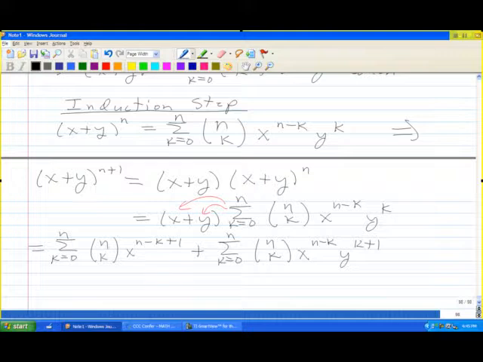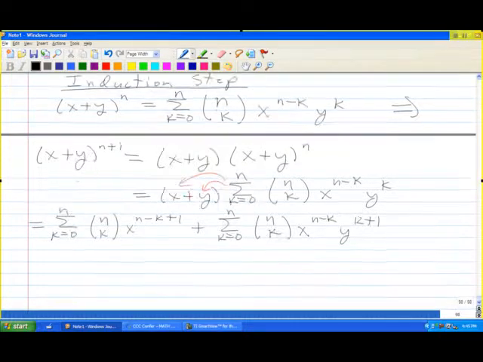Okay. And so let me expand out the first term for this first summation. Plugging in k equals 0, I get n choose 0, and there was a y that was missing.